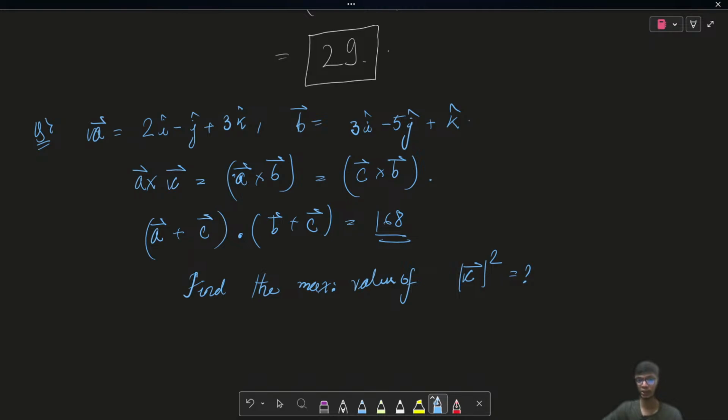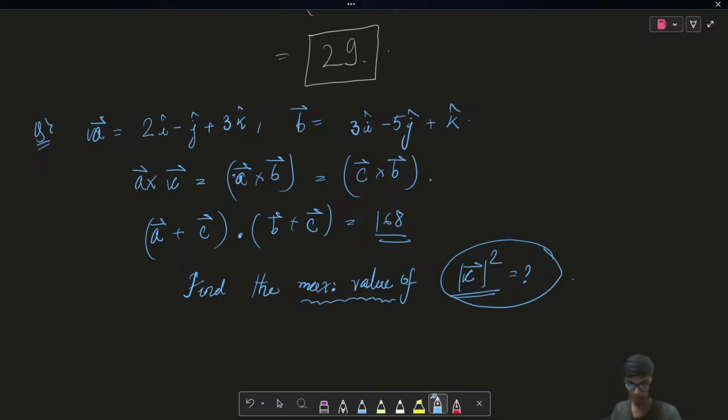So from this result, try to find out what will be the maximum value of mod of c square. So that is the question, right?